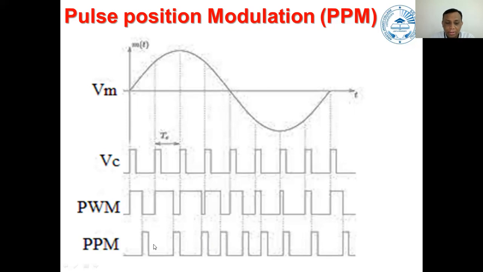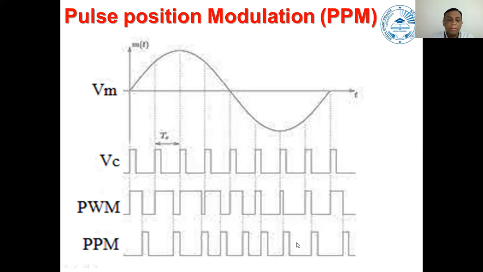Now you can see that the gap, or the distance between the pulses, is not uniform. When the modulating voltage is increasing, the distance between the starting points of the pulses will also change. The gap between consecutive pulses will be more. When the modulating voltage decreases, the distance between consecutive pulses will also decrease.